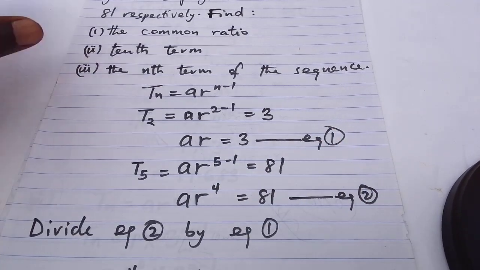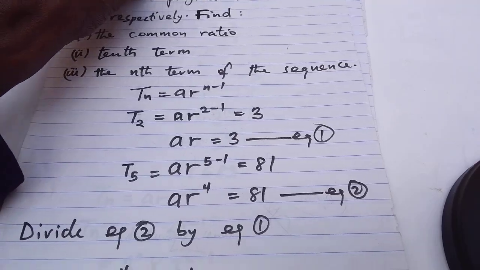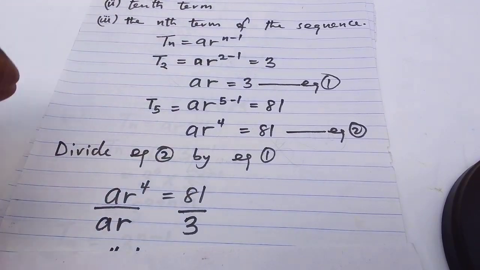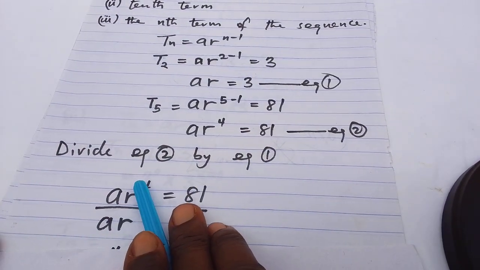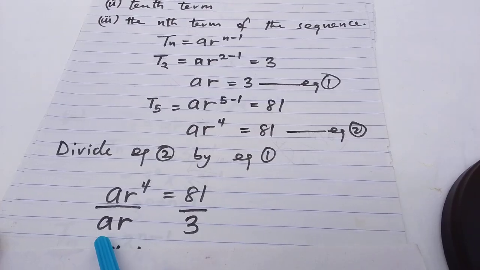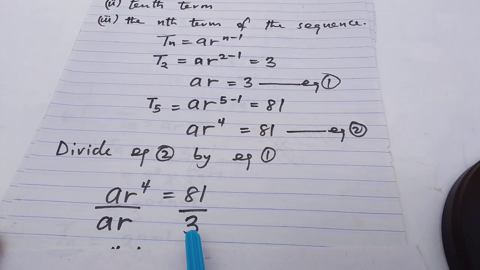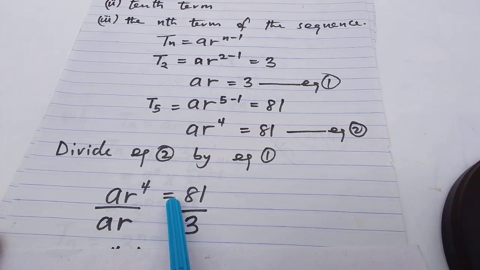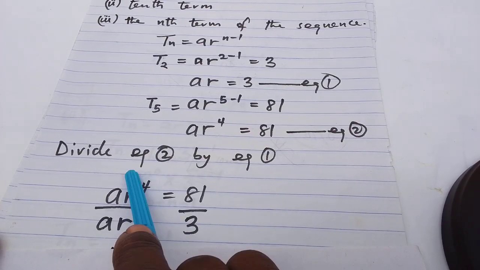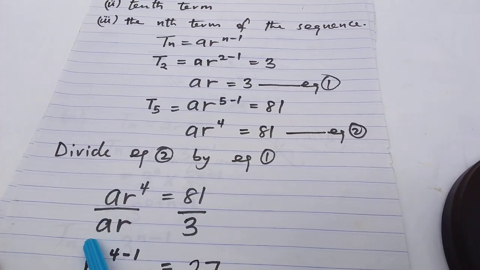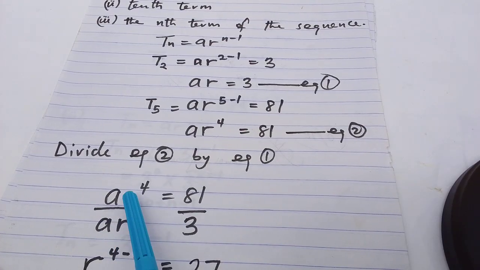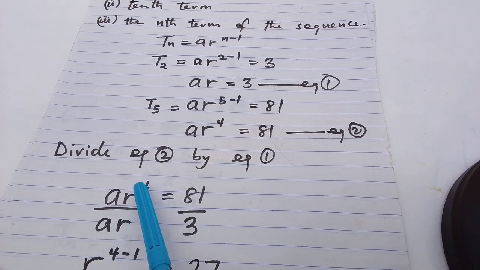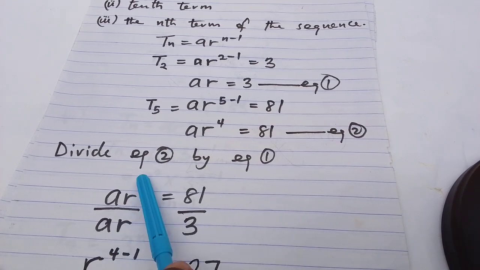When you divide equation 2 by equation 1, AR raised to power 4 is equal to 81, and equation 1 is AR equal to 3. You divide both sides. So AR raised to power 4 divided by AR is equal to 81 divided by 3. A will cancel A, remaining R. Since R is the same thing as R raised to power 1, you can use indices to solve this.